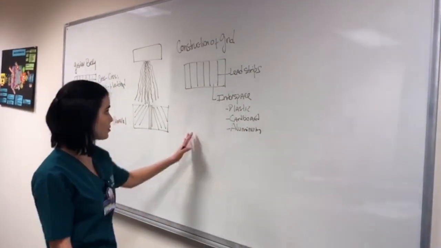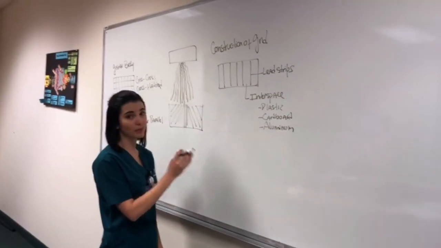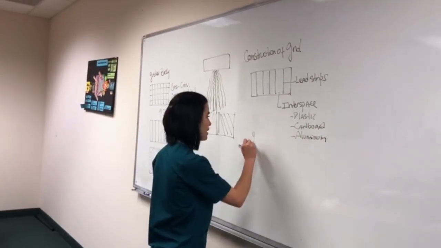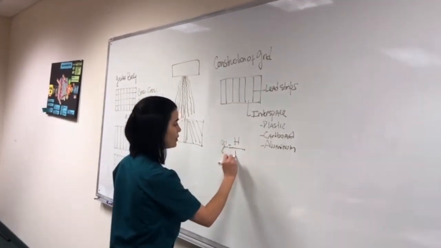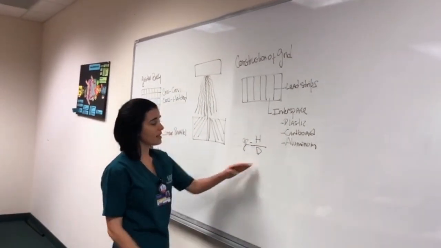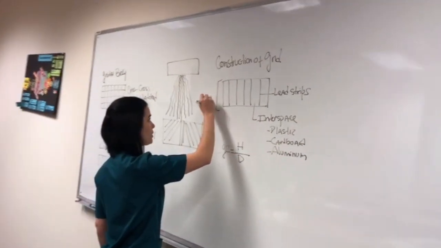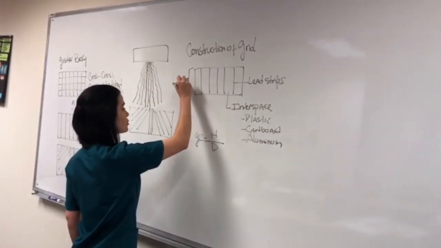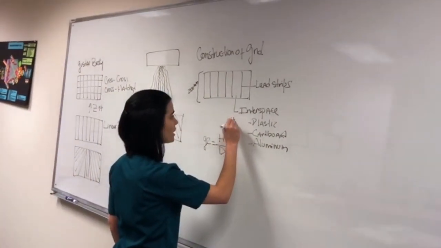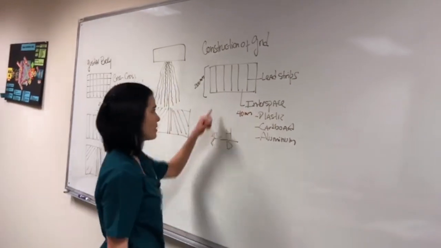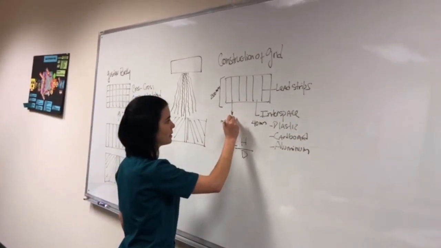Now we need to understand the grid ratio. How do you calculate the grid ratio? The grid ratio is calculated as height over distance. Let's say we have a height of the lead strips of 200 millimeters, a distance of the interspace of 40 millimeters, and the thickness of the lead strip is 10 millimeters.